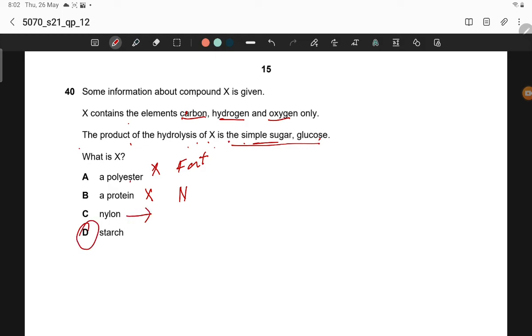Nylon, nitrogen given by amino acid. Polyester: fatty acid and glycerol. Not polyester: dicarboxylic acid and diol.